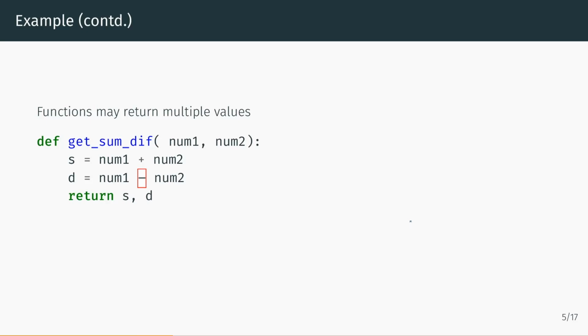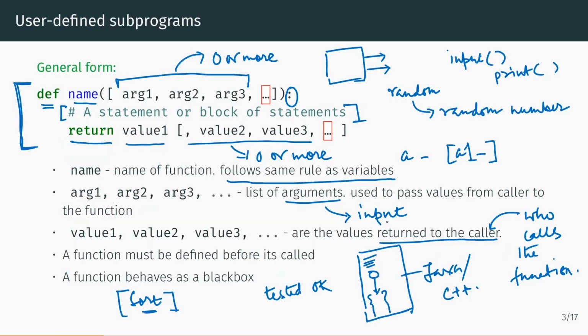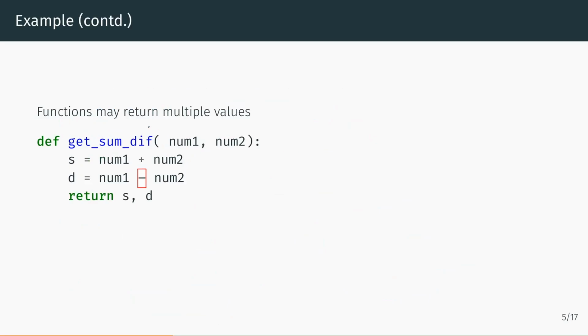Now a function may also return multiple values. So just like a function can take 0, 1, or more arguments, it can return 0, 1, or more values, right? In this example, this function returns the sum as well as the difference of two numbers.